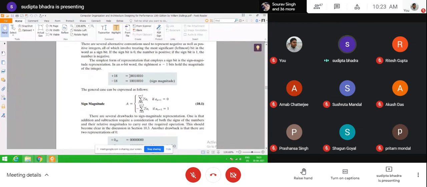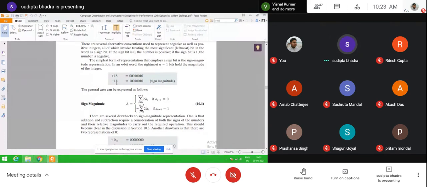If it is 0, then the number is positive. If it is 1, then the number is negative. So for plus 18, the sign bit, the A7 bit, is 0.